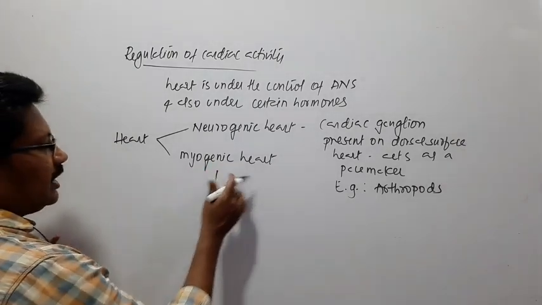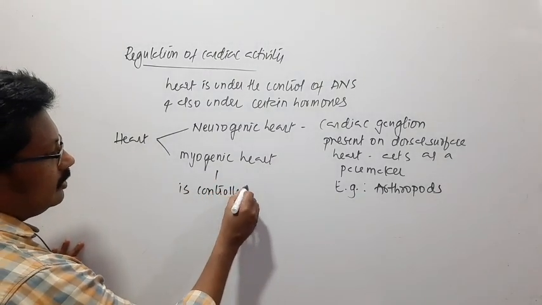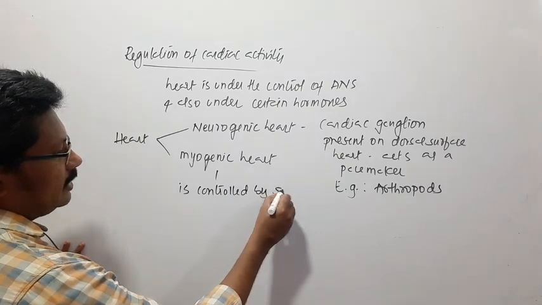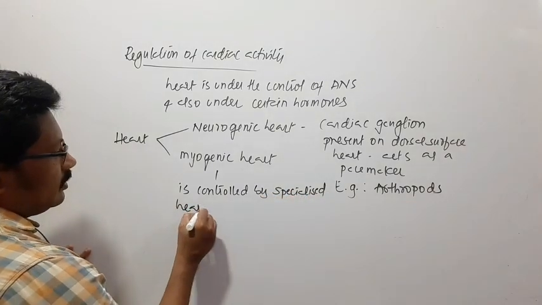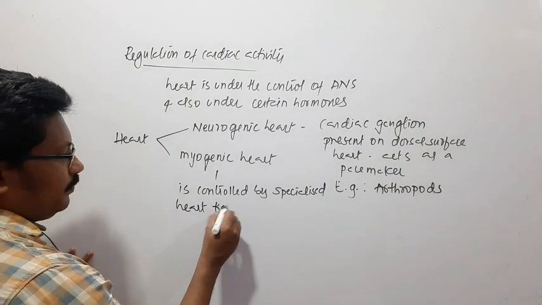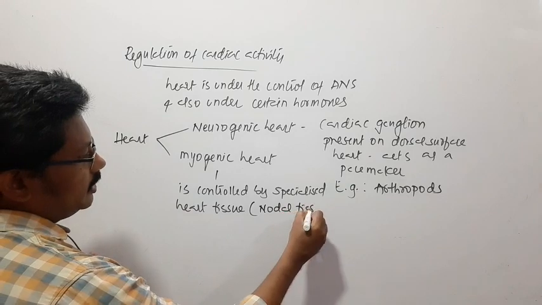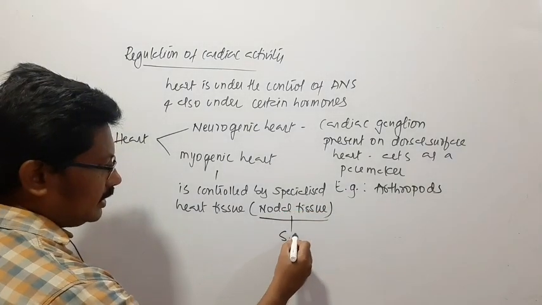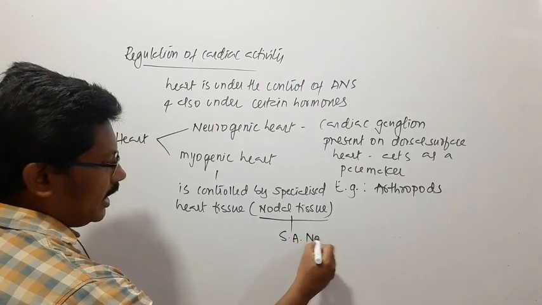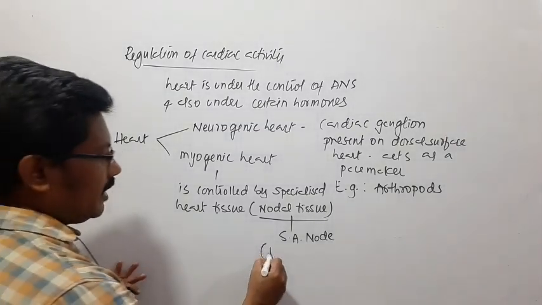In this case the heart is controlled by specialized heart tissue, and that is called the nodal tissue, right? And that nodal tissue we have seen as the SA node. The sinoauricular node is the one that acts as the pacemaker.